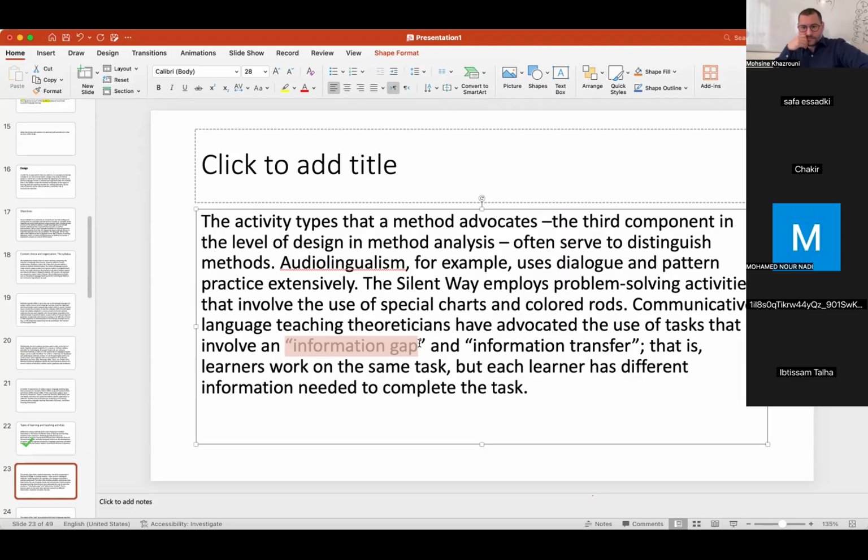I think it's associated with communicative language teaching, as it encourages interaction and negotiation between students. So do you think it's a good strategy for a communicative approach, or for grammar or for functions? I think for grammar and functions.